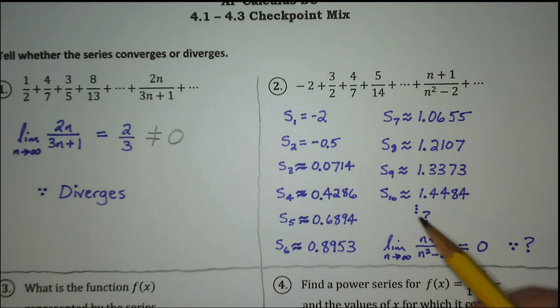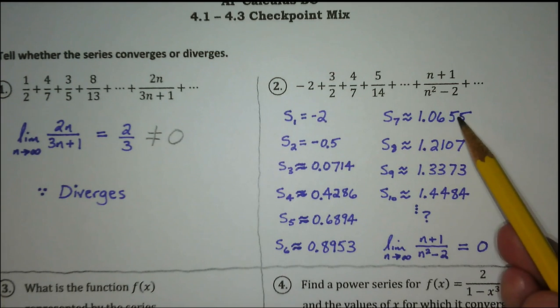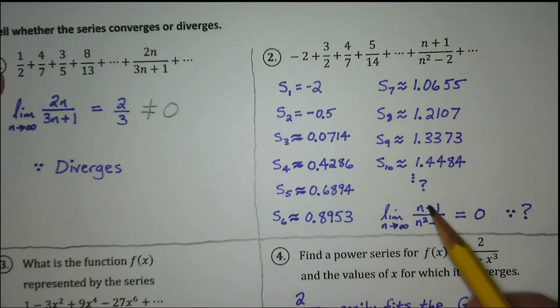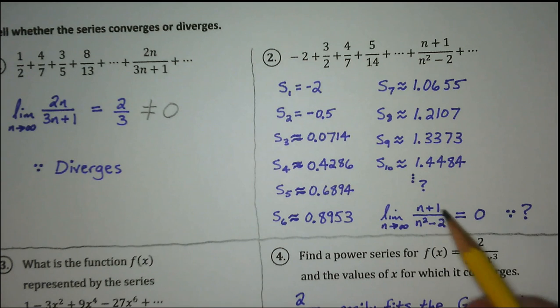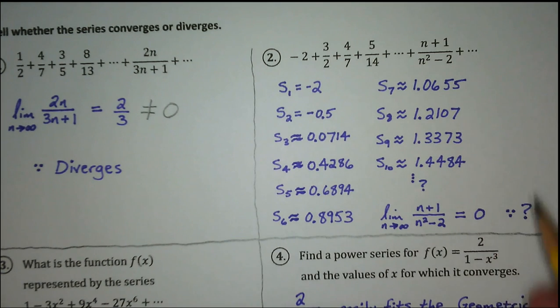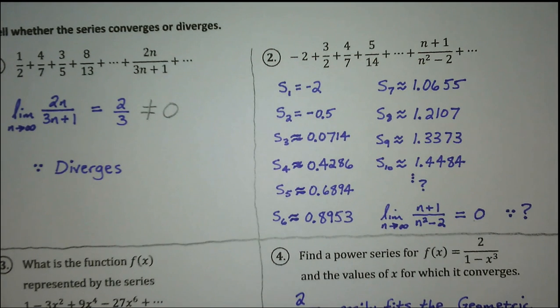That's why I have this right here. Analyzing the running sum, it's not clear what's going on. So we actually take this limit, okay? And just like Mrs. Clute taught you, the limit of this general term equals 0. Now, I know this is why number 2 is a bad question for us right now.